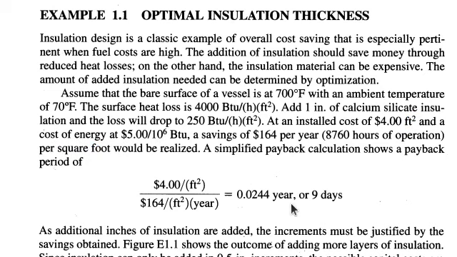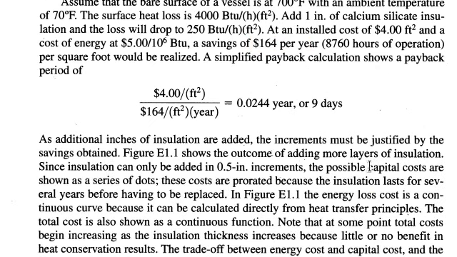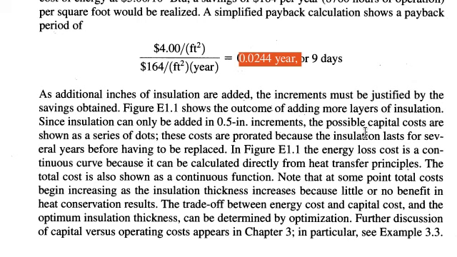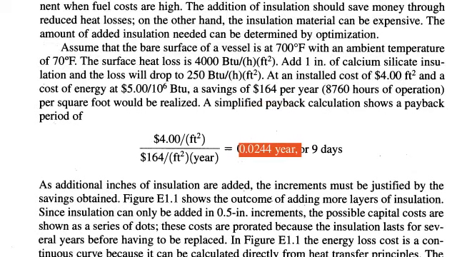When you calculated it, you found that during the year you saved $164. They are showing in what time the money you invested in insulation will be recovered. That is not our area of study actually.